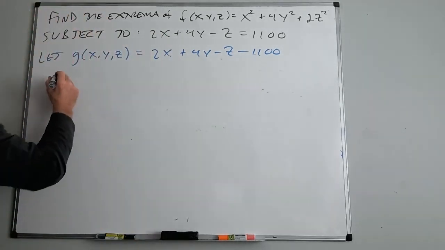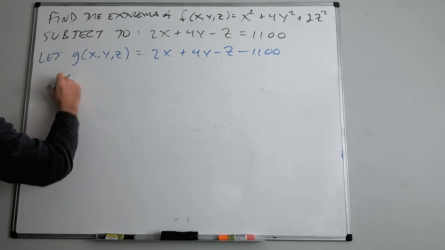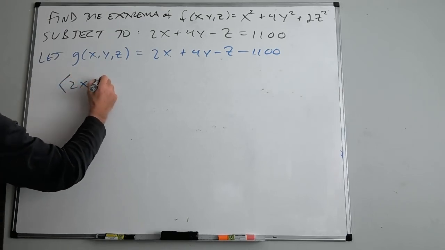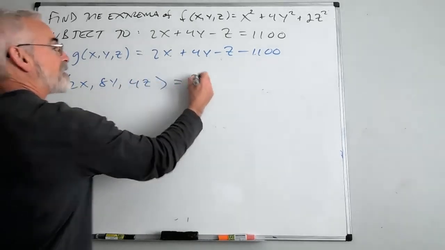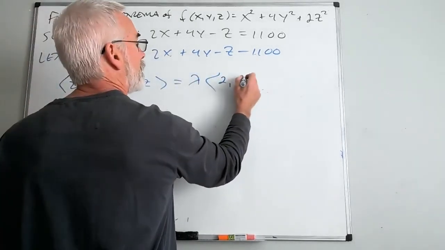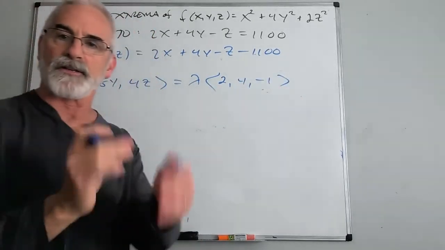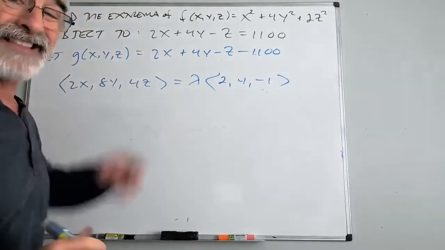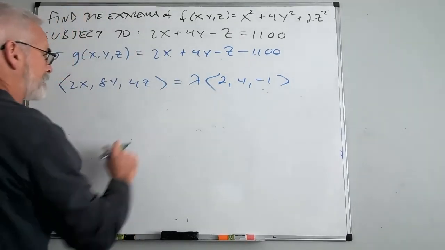There's nothing wrong with doing this. What is the gradient of f? I'm going to shortcut this one. The gradient of f is 2x, 8y, 4z. And that must be a multiple of the gradient of g, which is 2, 4, -1. So I saved a step by not physically writing gradient of f, gradient of g, but I still need that equation because that's where everything's coming from. You don't want to skip too much.